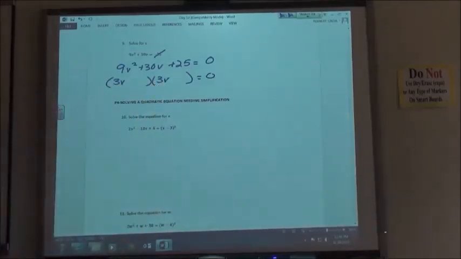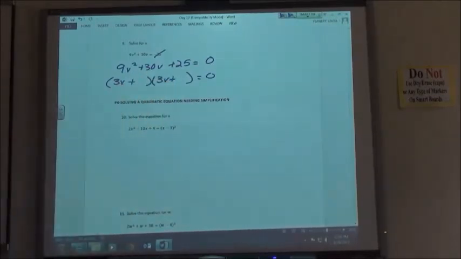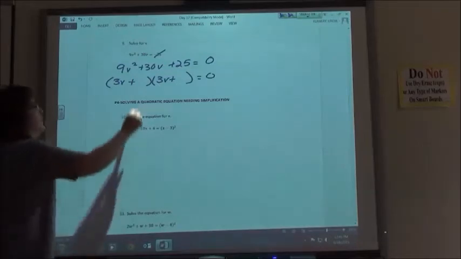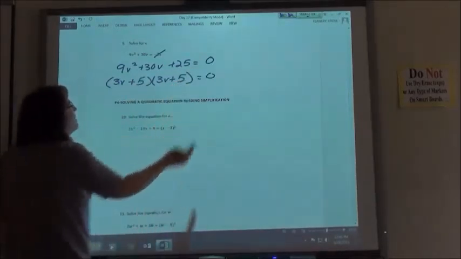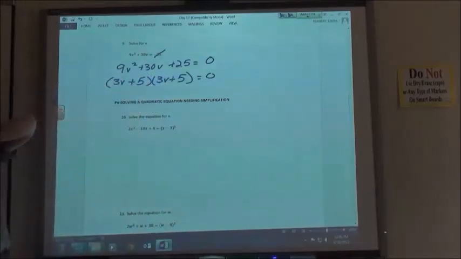My signs, both pluses, since both of those are pluses, and factors of 25, 5 and 5. So that we have 15v plus 15v, which adds up to 30v.